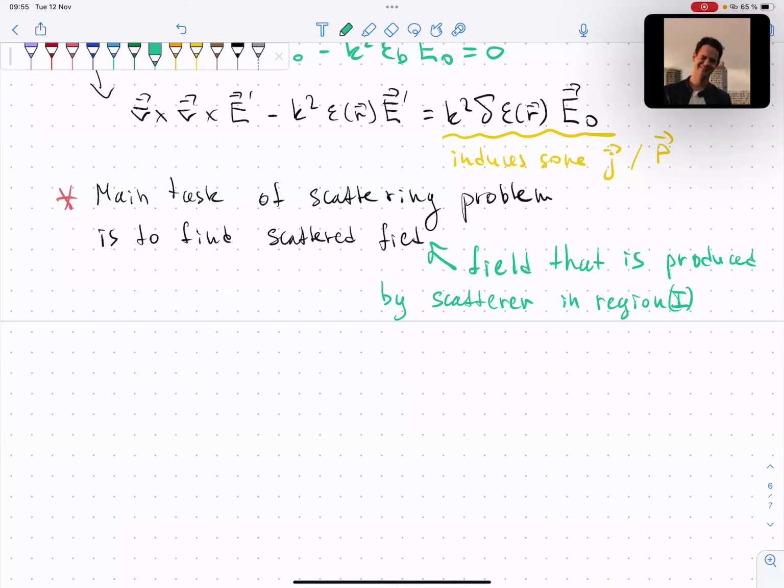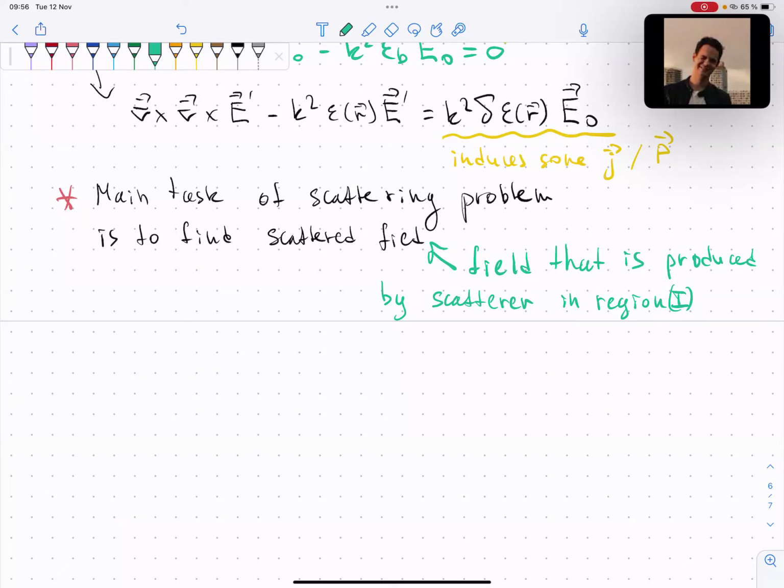For example, we want to know how much energy, how much power was scattered, or how much power was absorbed in the scatterer. If we just look at the scattered field, it will be very hard to get these quantities, to understand how much power was scattered just by looking at the functions.